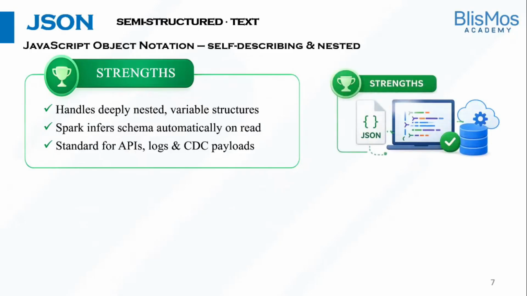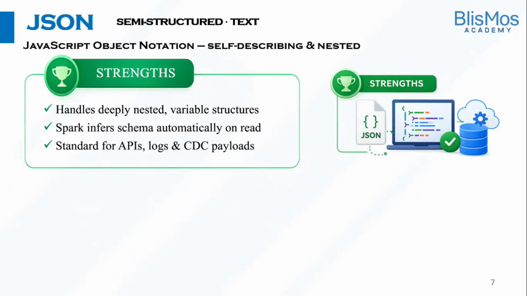This makes JSON extremely useful when dealing with APIs, application logs, and event data. For example, an API response might contain a customer object with nested address information, multiple orders, and other nested attributes. JSON can represent these kinds of structures naturally.